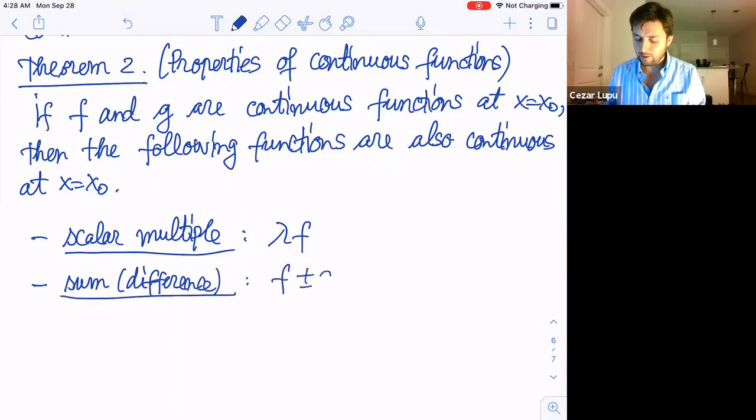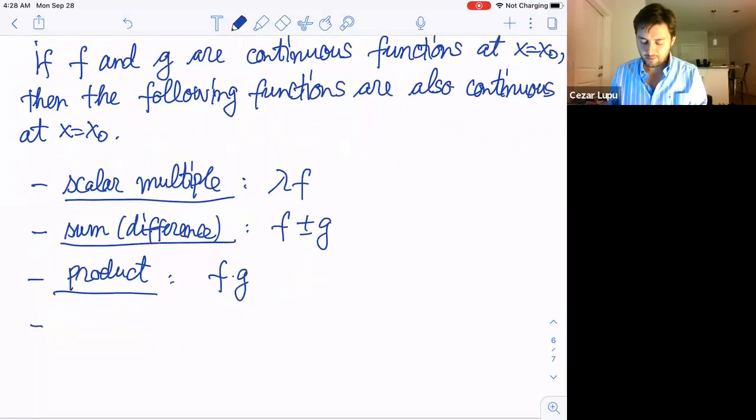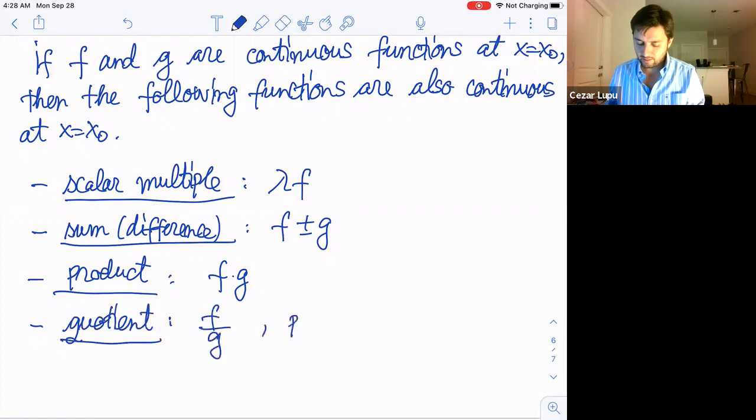So basically we have f plus minus g. And then we have the product, which is nothing other than f times g. Then we have the quotient, f over g, provided that g of x is not 0.